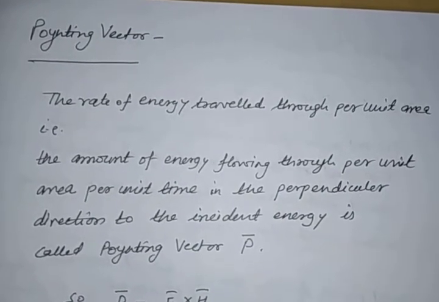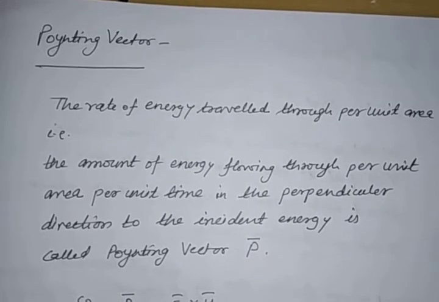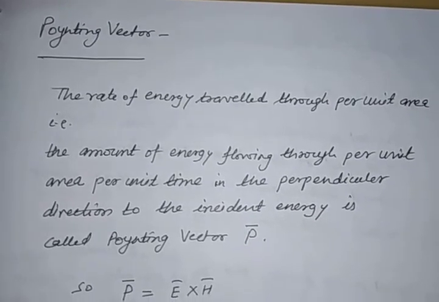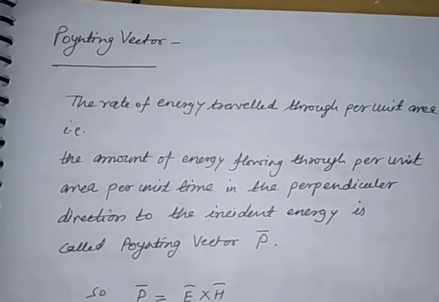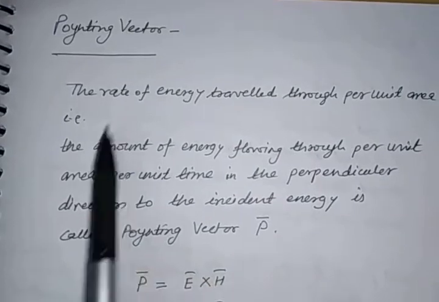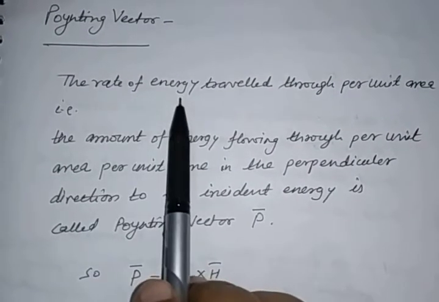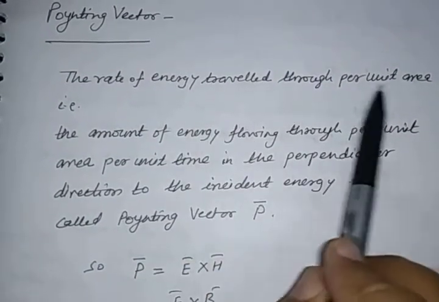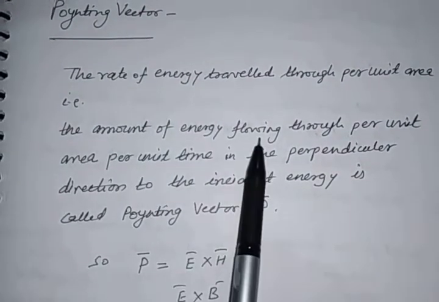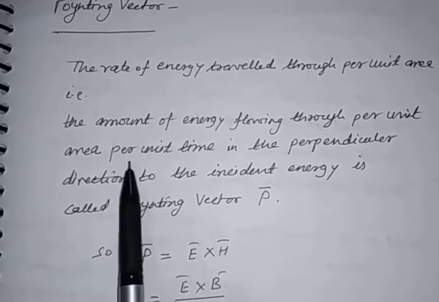The Poynting vector is a vector, but it represents the amount of energy: the rate of energy traveling through per unit area, the amount of energy flowing through per unit area per unit time.